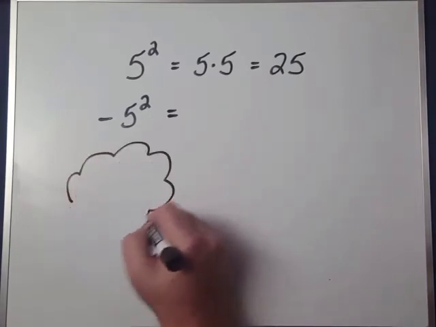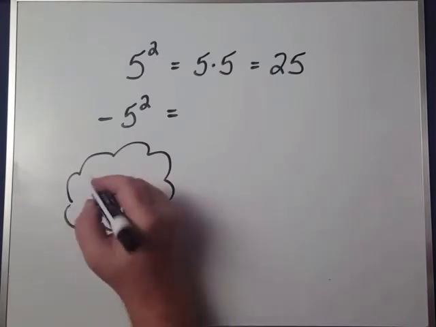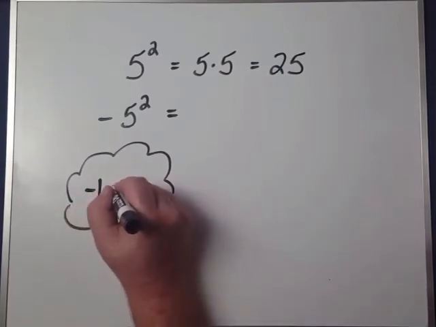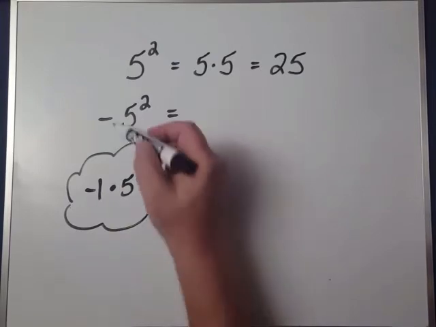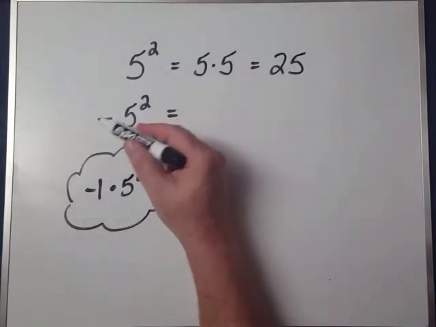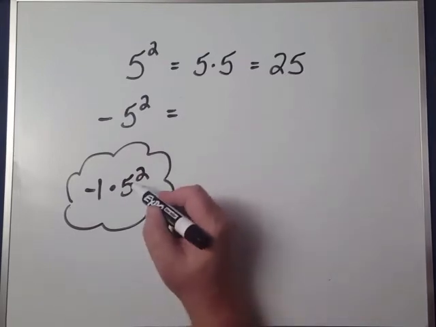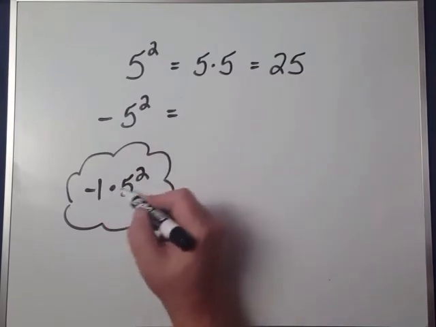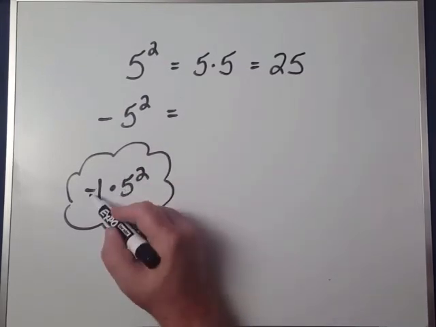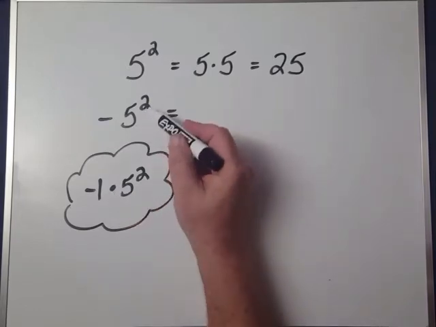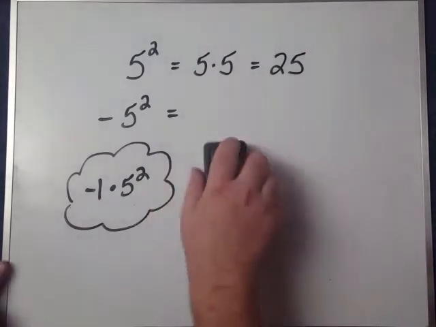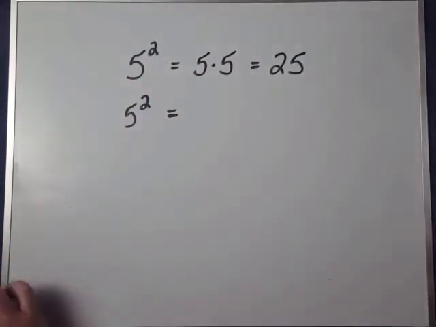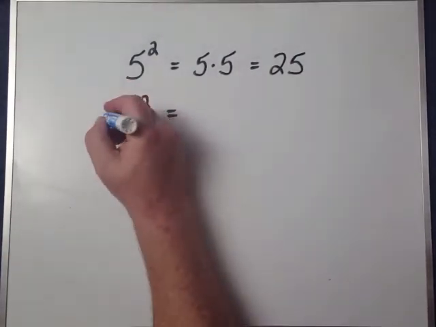What this really is is a negative 1 times that 5 squared. And so this negative out front is just floating. Order of operations says the power takes place before the multiplication. So this negative 1 is not participating in that power. He's waiting on the power to get finished. And so this negative is simply going to float into the next step.